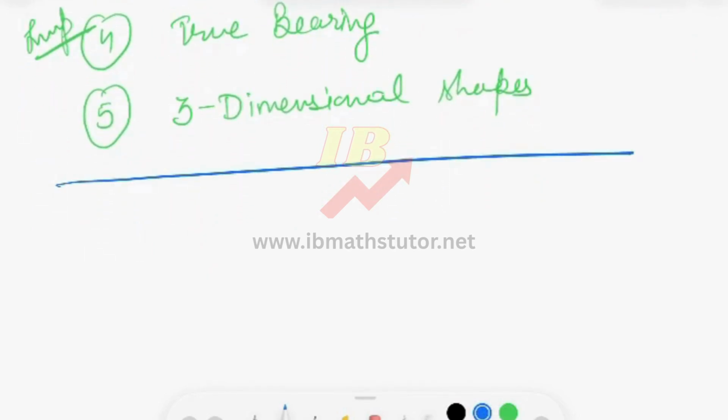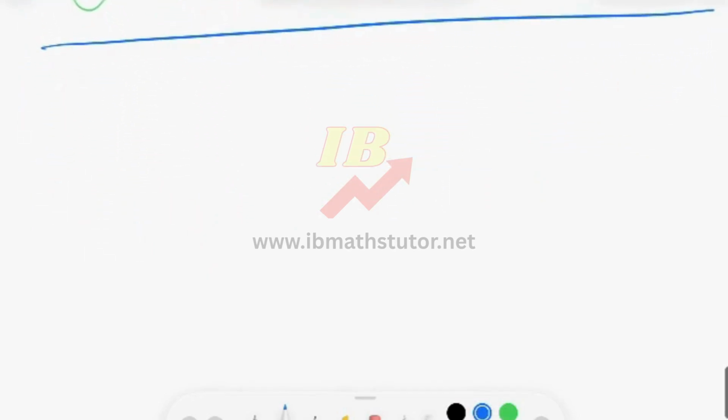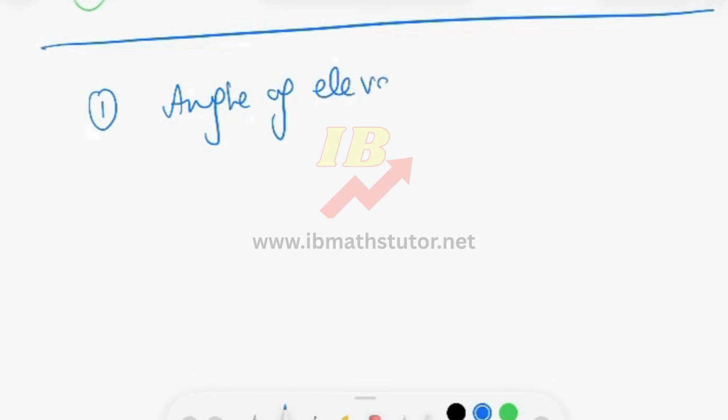So let's take all of these one by one, right? Today I'm going to start with the applications of trigonometry with angle of elevation and angle of depression.